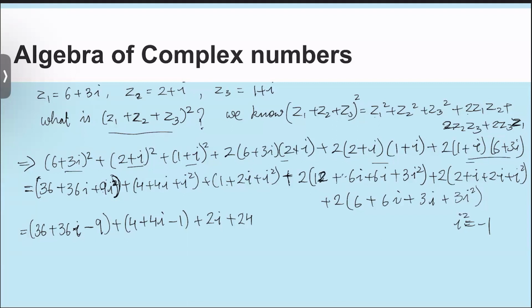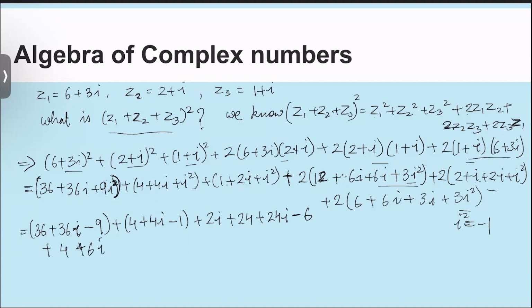So you multiply 2 for the rest of the 3 terms that we have. Okay, so you have 24 plus this is already 12i, so 24i, and this becomes minus 3 since i squared is equal to minus 1. So minus 3 into 2, you have minus 6. So I'm writing the next terms below here. So you have plus 4 plus over here i plus 2i, you have 3i, so you have plus 6i.